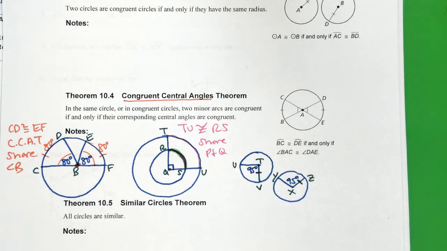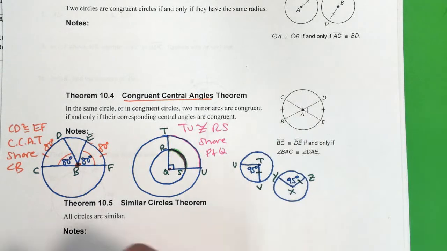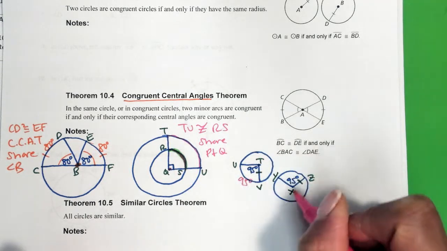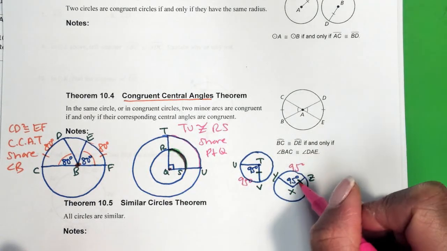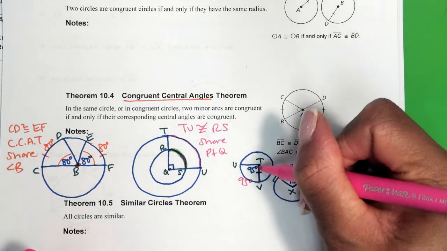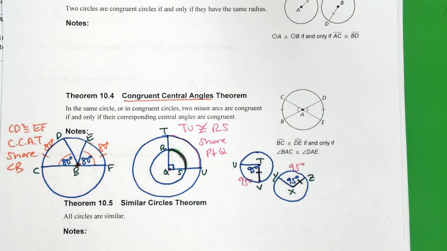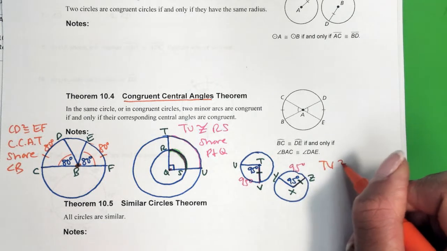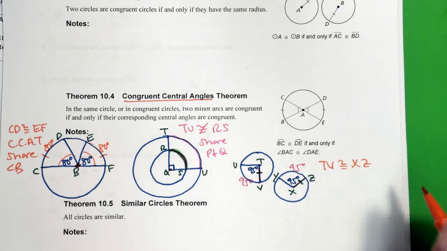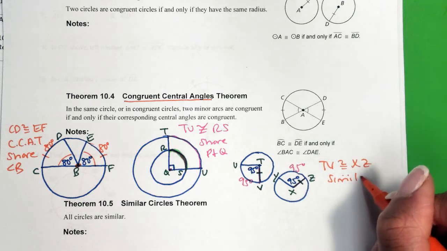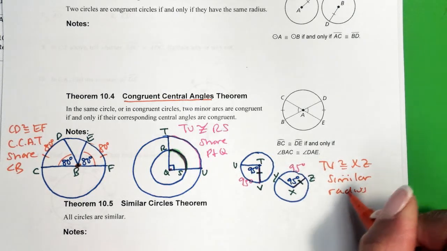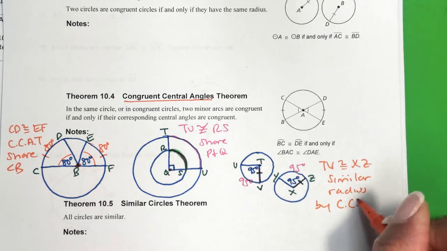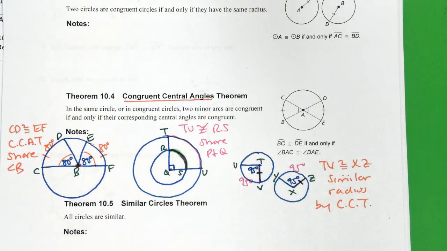Now let's look at our other one. They do have very similar central angles, 95 and 95, and they have a congruent radius, so they are congruent circles. These are congruent circles because TB is congruent to XZ and similar radii, by the congruent circles theorem, which was the first theorem that we talked about.